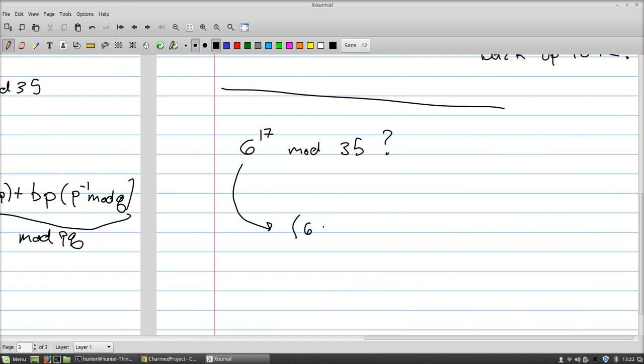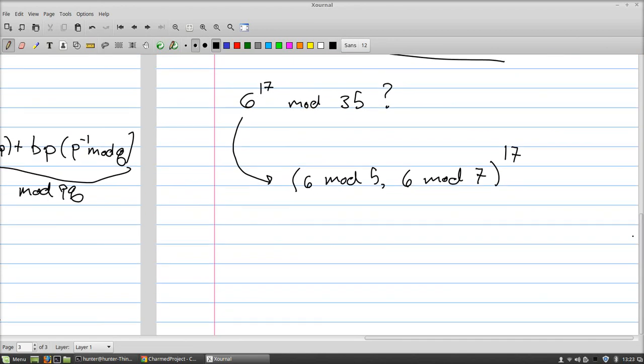This would be (6 mod 5, 6 mod 7) to the 17th power. The fact that these two are the same is the homomorphism property. So 6 mod 5 is 1, 6 mod 7 is 6. By the way, this is the same thing as 1 comma minus 1. And that will make our arithmetic much easier, because it's very easy to raise 1 to various powers.